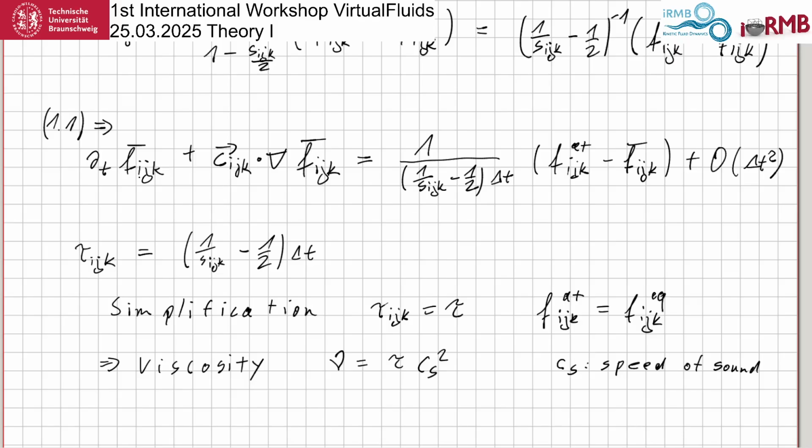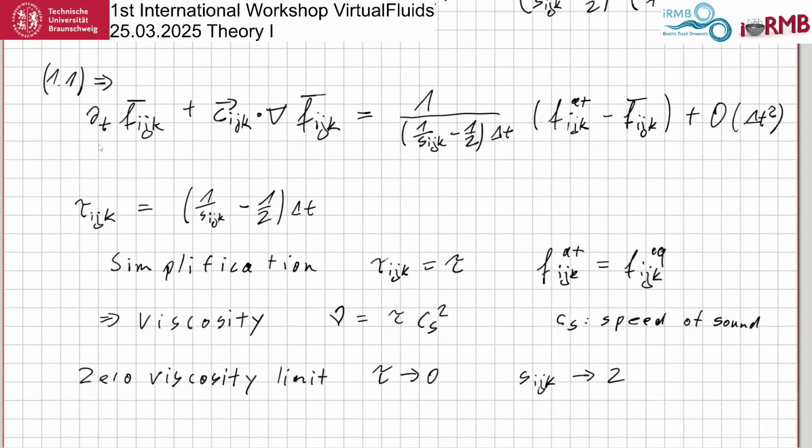Therefore, what you're looking into is a zero viscosity limit, which is actually that tau is going to zero, and if tau is going to zero, this relaxation rate is going to 2. And it's not, as in kinetic theory, going to infinity. So you can actually do it, because otherwise you would have to multiply by infinity.